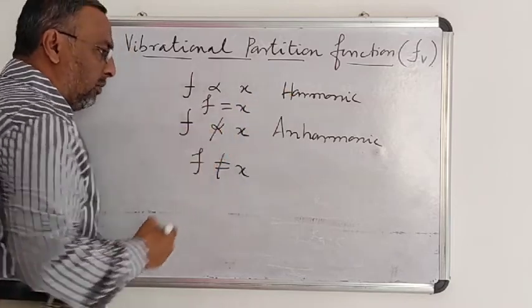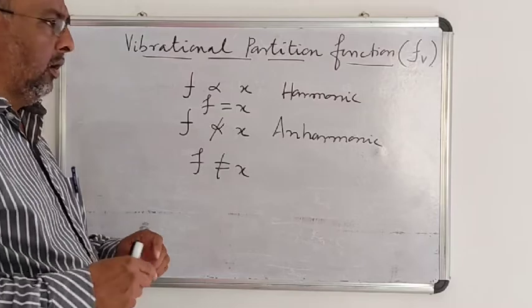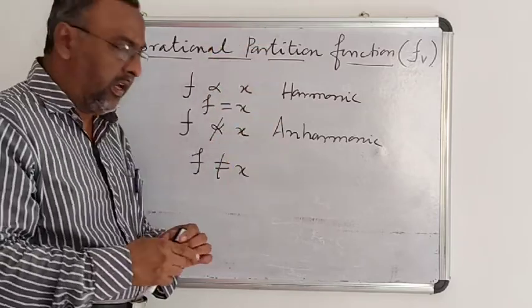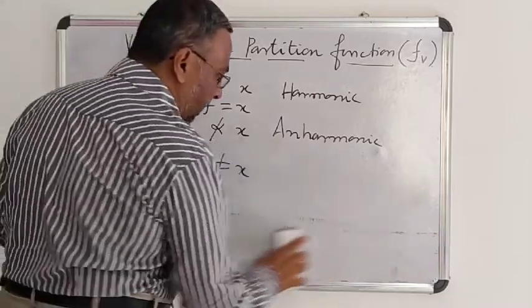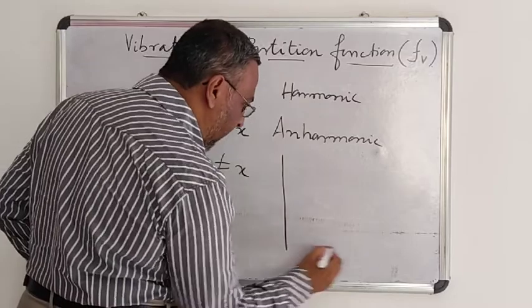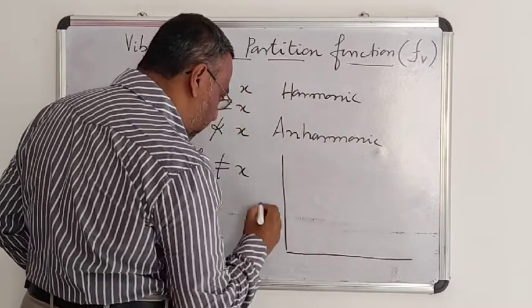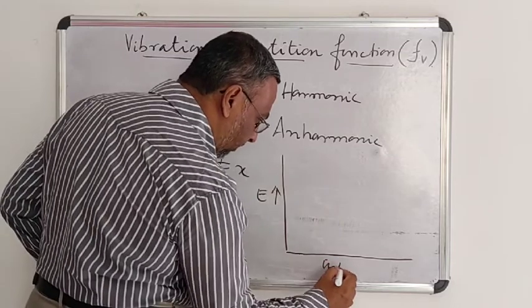When we plot energy against internuclear distance, we get a parabolic curve.